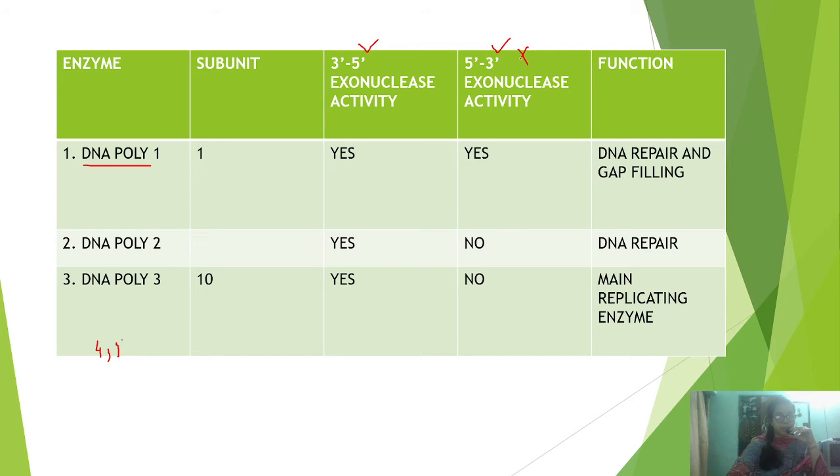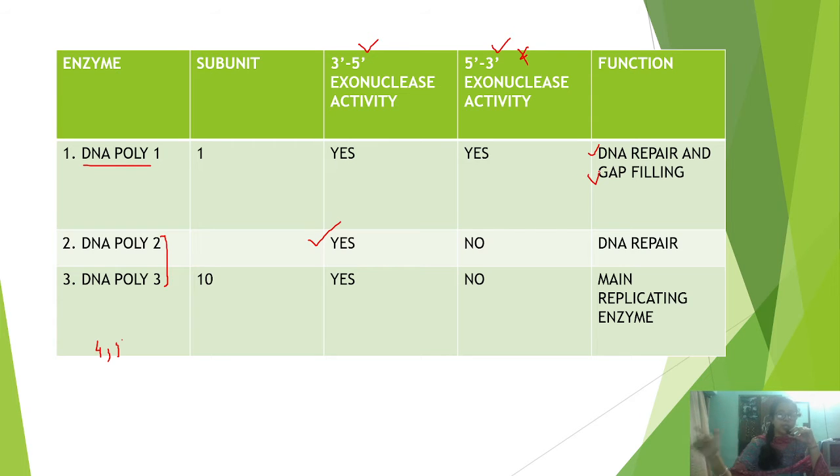This is an exception case because the rest, DNA polymerase 2 and DNA polymerase 3, have only 3' to 5' exonuclease activity. And DNA polymerase 1 is responsible for DNA repair and gap filling, that is, filling the gap which will be formed while the nucleotides are formed.